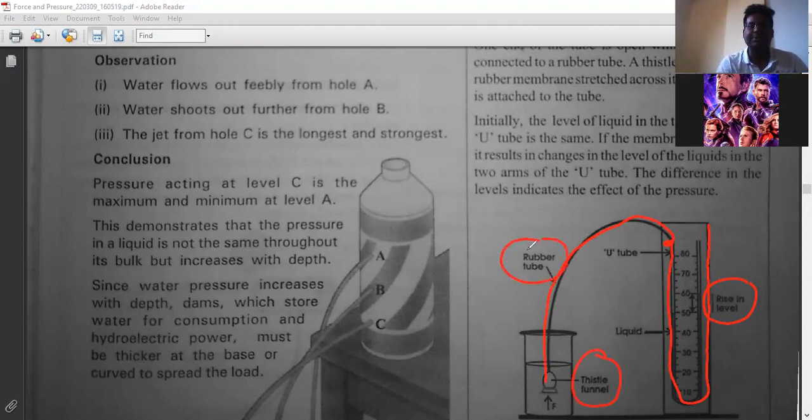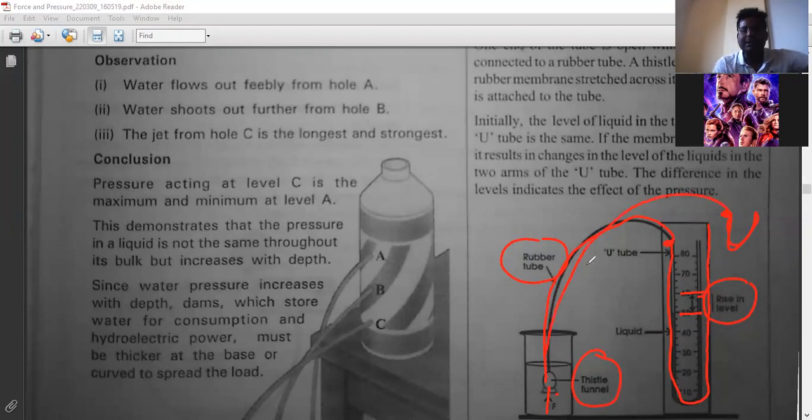This is the rubber tube in which force is applied. When we apply the force, the rise of the liquid will increase from like 50 to 60, right? This is made with the U-tube and this side is connected to the thistle funnel.